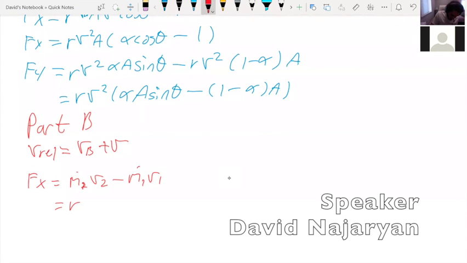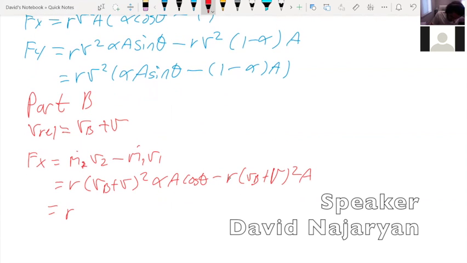This is equal to R (Vb plus V) squared alpha A cosine theta minus R (Vb plus V) squared A, which if you factor it out equals this, times alpha cosine theta minus 1.